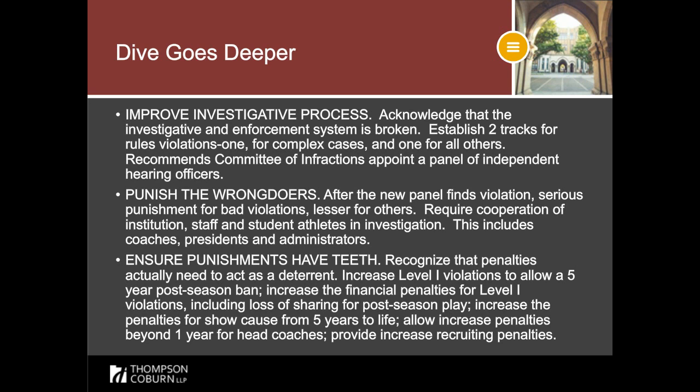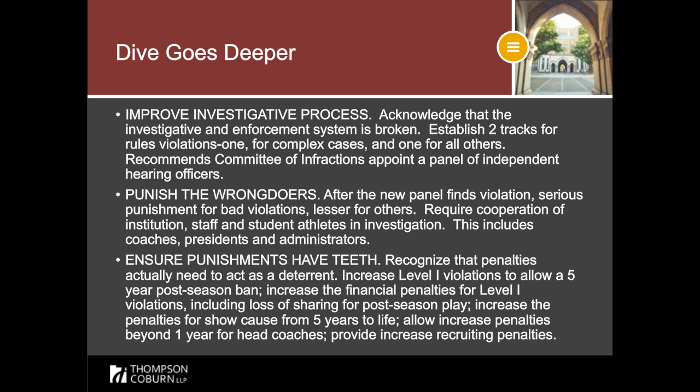In other words, they didn't want Ohio State judging Michigan or Notre Dame. They probably wouldn't have Ohio State judge Michigan, but they didn't want competitors being judges. So having an independent force to evaluate these infractions. They recommended punishing the wrongdoers.